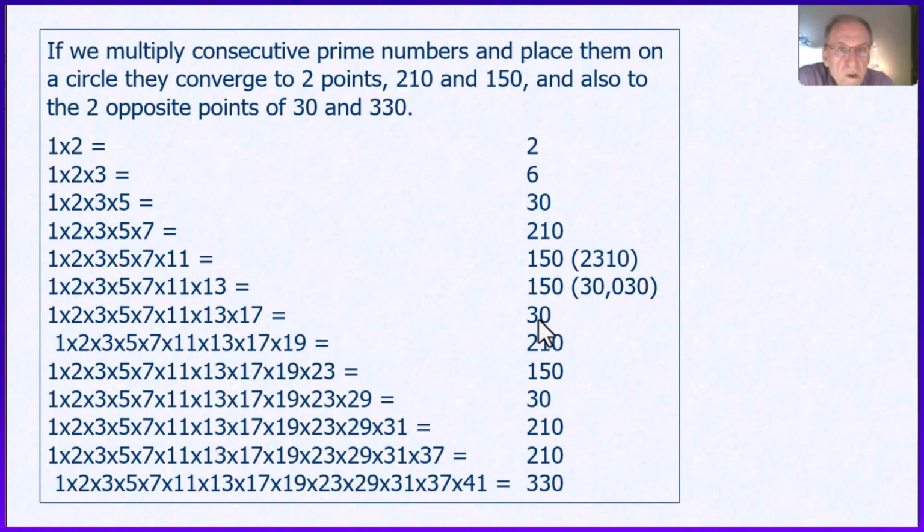We end up always, once we hit 30, we always end up with 30, the opposite point of 210, or 30 and 210, or we end up with 150 or 330. 150 and 330 are the opposite points.